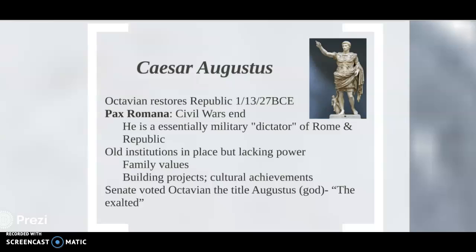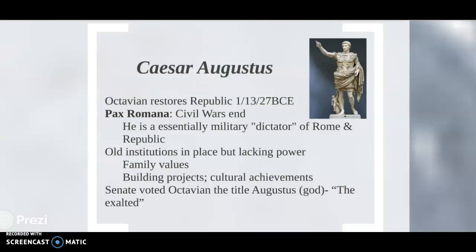And, if you know anything about Roman history, most of the emperors following him are neurotic, paranoid, have some major problems. And so it's not the best political situation. But under Augustus, it does seem that a lot of people were happy with him. He's a capable ruler, and basically brought back quote unquote family values to Rome.